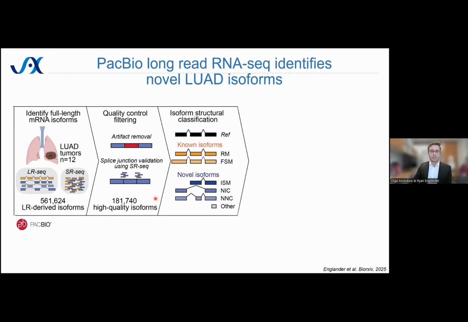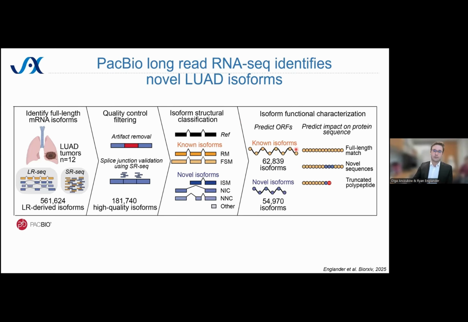Just to give you a clue into what we did with our pipeline after that, we took our isoforms and structurally classified them into several categories that reflect their similarity or novelty with respect to the reference transcriptome. And then we used a number of bioinformatic techniques, including some that we developed ourselves, to try to predict the impact of each isoform on the coding capacity of that gene.